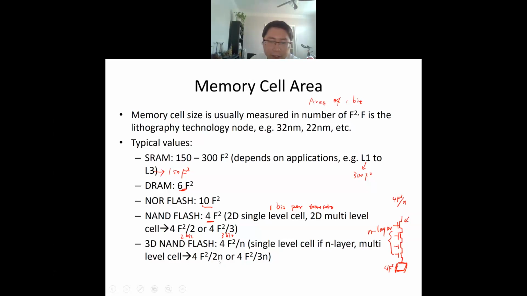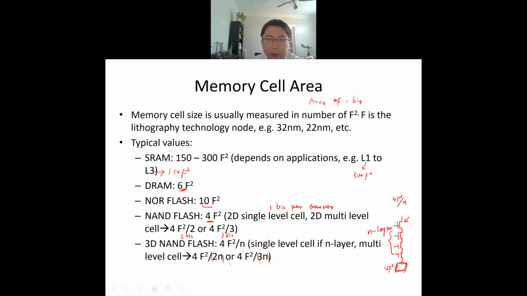If you have n layers and each cell stores 2 bits, then you will get 4f squared divided by 2n, or 4f squared divided by 3n if one transistor stores 3 bits. So this is the equivalent area to store 1 bit information. So this will be much smaller than this DRAM or SRAM. So that's why the NAND flash has very high density.